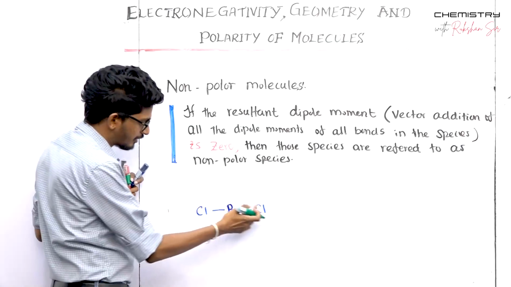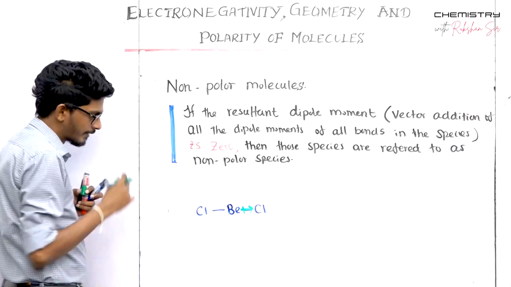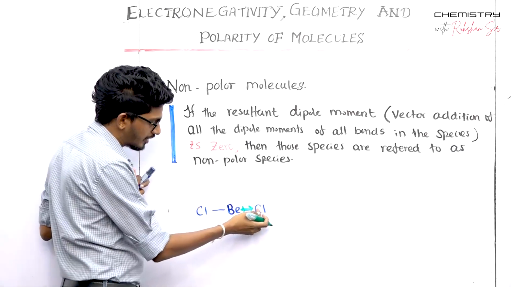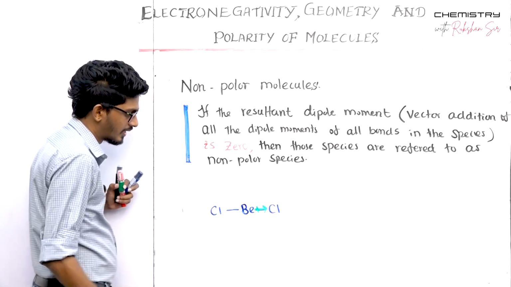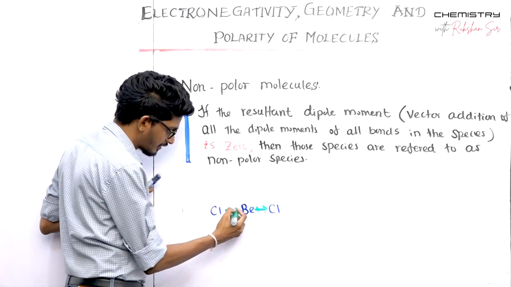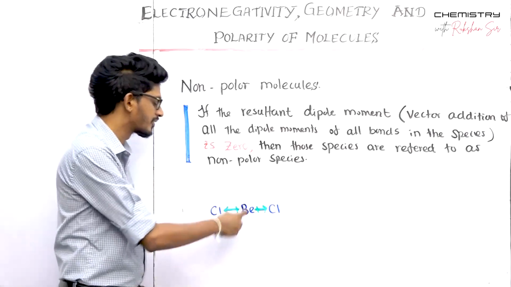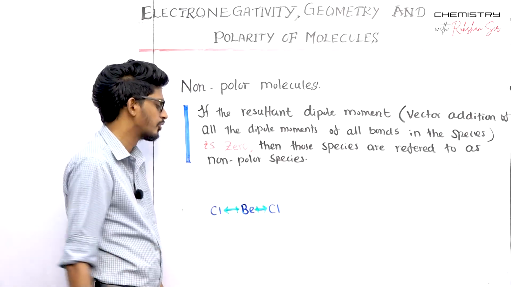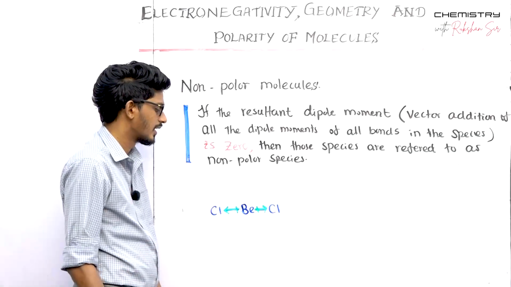The dipole moment of each bond can be marked like this: the arrowhead towards the electronegative atom, the tail towards the electropositive atom. The two dipole moments have equal magnitudes because both are between the same two atoms.